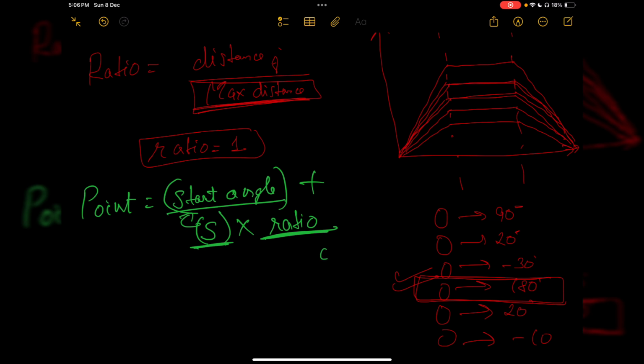But when the ratio is, for example, 0.8, then all the joints will be managed according to the joint which has to follow the maximum distance. So this is the case when initially we have zero velocity, starting from zero velocity. So that is how we are handling this.